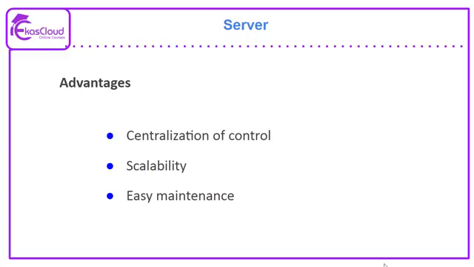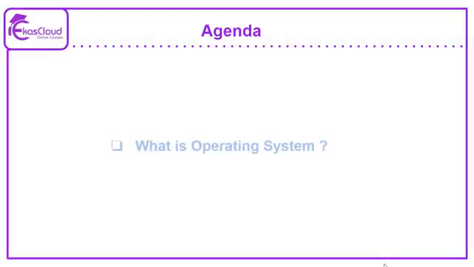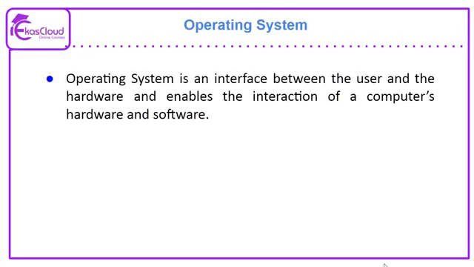And the next is, what is an operating system, shortly called OS? An operating system is an interface between the user and the hardware.